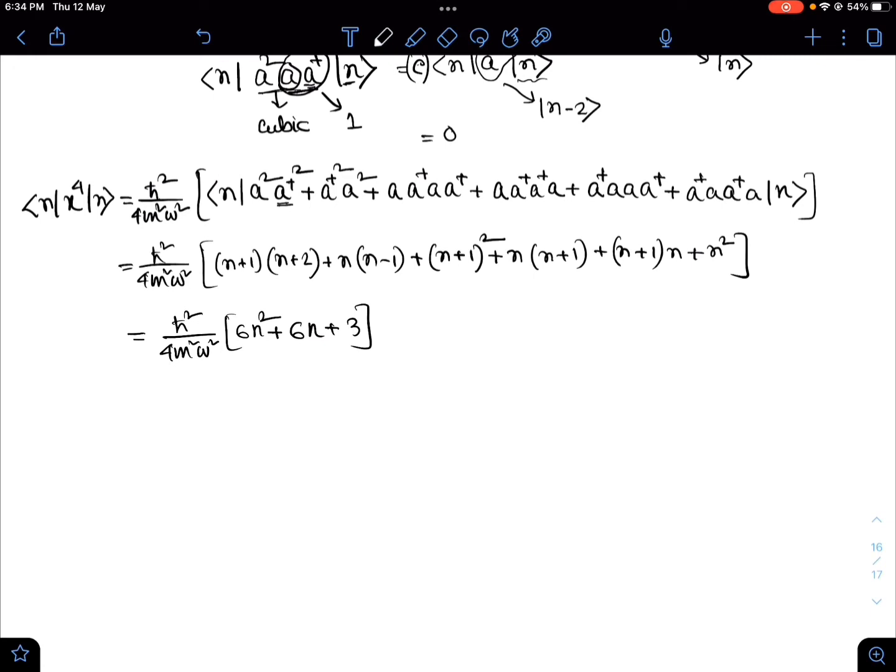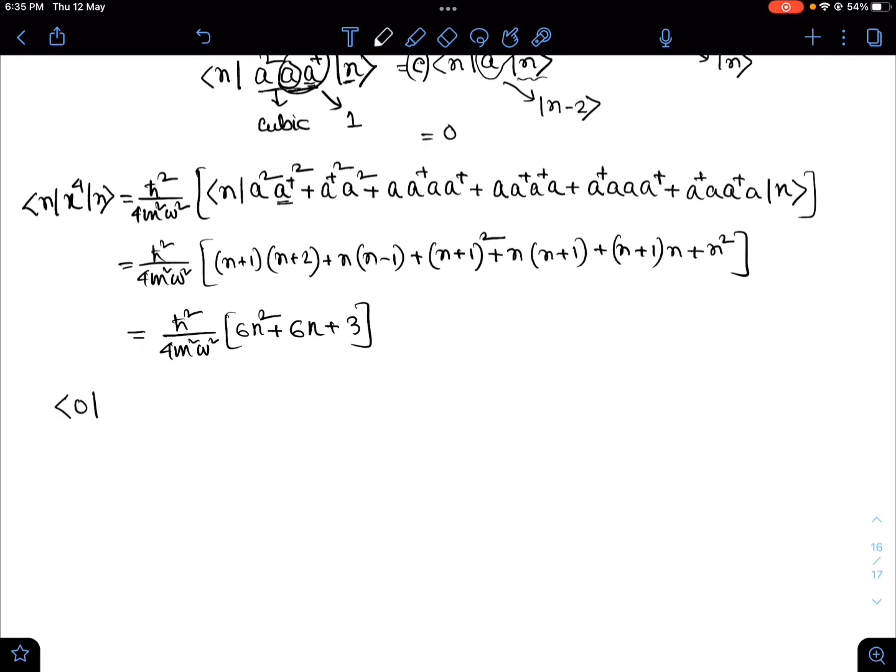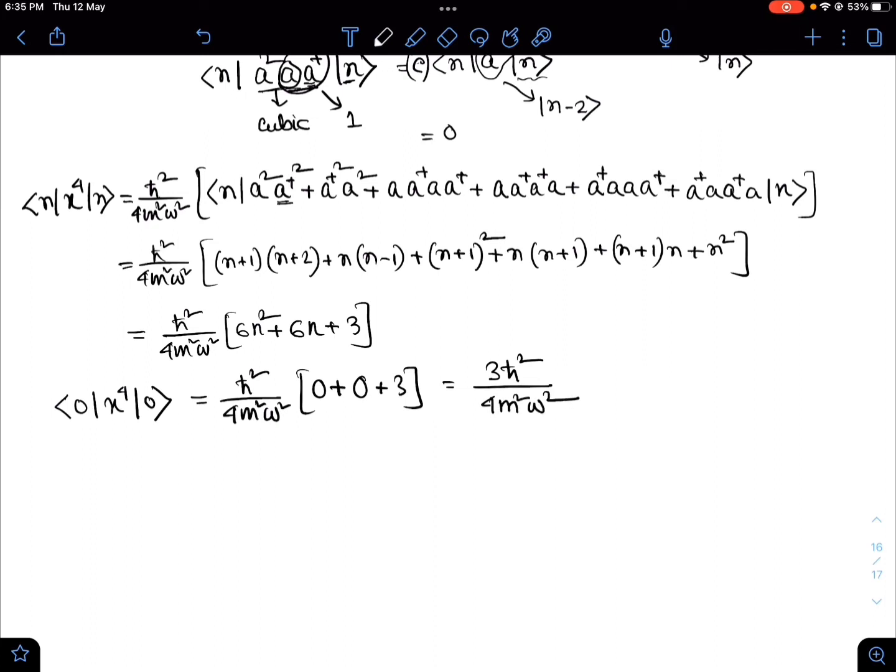So if we apply this to the ground state, then we have the value of n to be 0. By putting the value n equals 0, the first term will be 0, the second term will also be 0, and for the third term we get the energy correction of the ground state to be this.